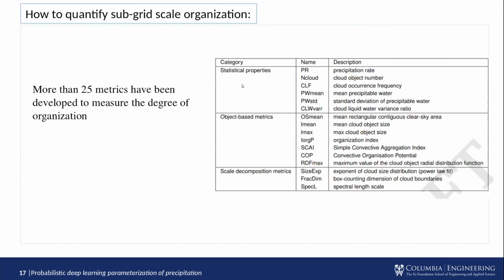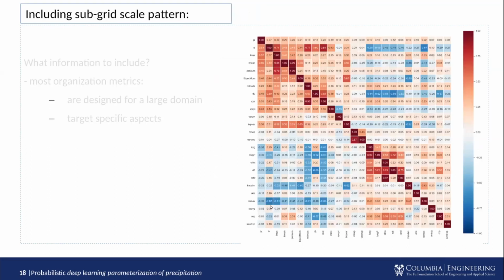Some of them look at statistical properties, for example the variance of precipitable water, or they might look at cloud size or cloud distribution, or they might look at scale decomposition.